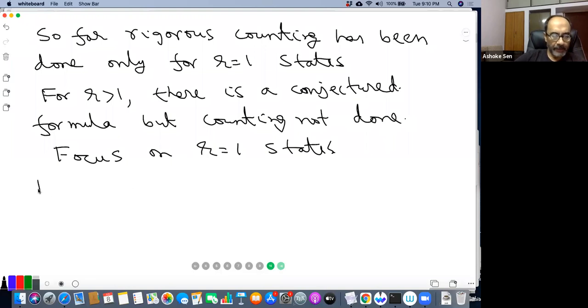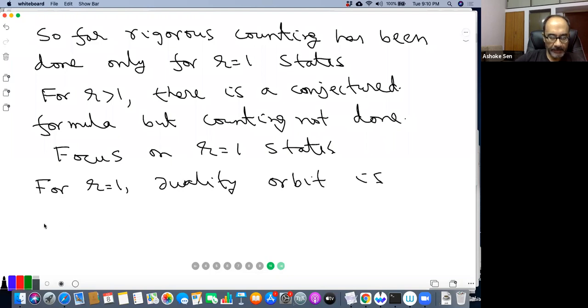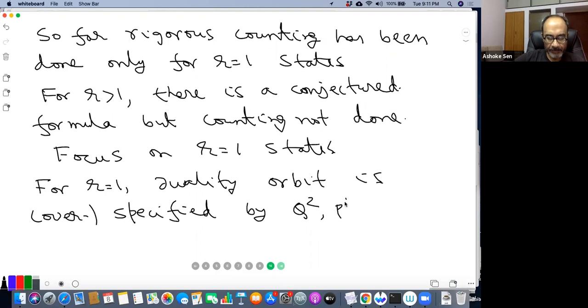So for R equal to 1, the duality orbit is, I should say, over-specified by Q square, P square, and Q dot P. When I say over-specified, this means that it's not that all different values of Q square, P square, and Q dot P are necessarily on different orbits.